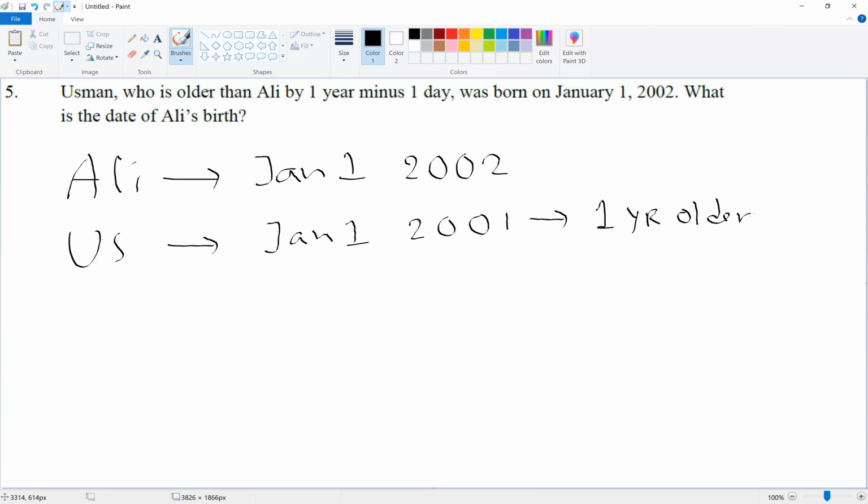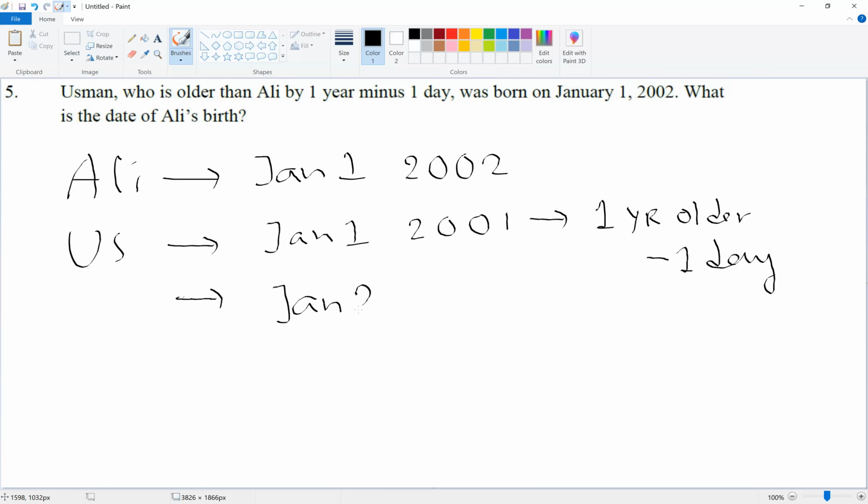So what do you think Usman would be? December 31st. So wouldn't it be, if it is December 31st, 2000, wouldn't it be 1 year plus 1 day? Oh. So he'll be then older by 1 year plus 1 day, right?